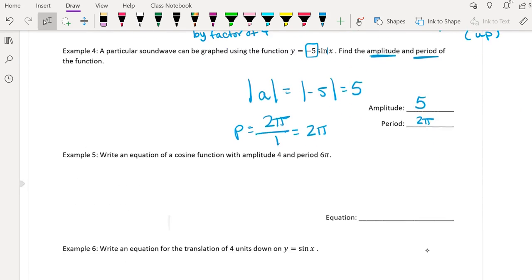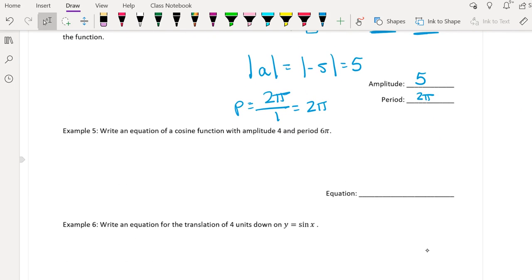Okay. And then write the equation of a cosine function. So we're going to have y equals, and I want cosine, amplitude of 4, period of 6 pi. So period is equal to 2 pi divided by b. B is in the equation, so the period is 6 pi.